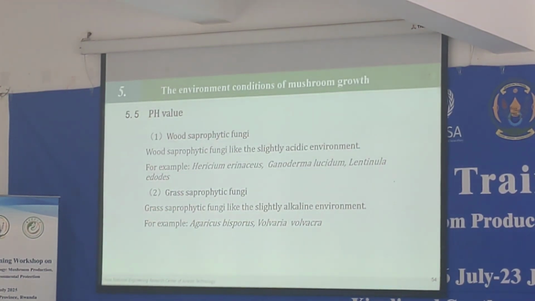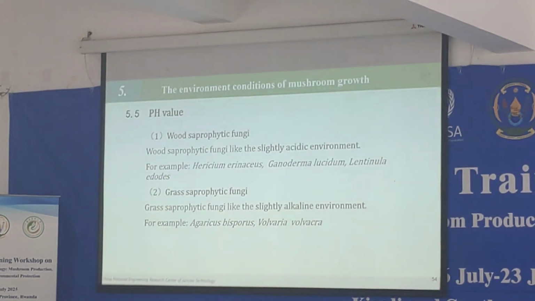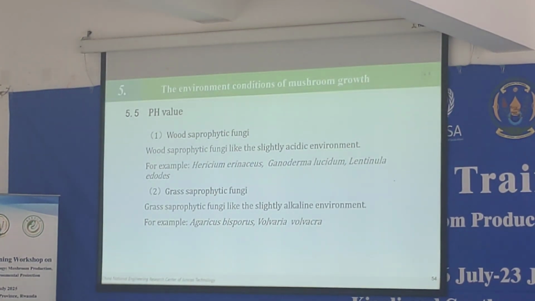For different types of mushroom, the pH value is a little different. Some wood saprophytic mushrooms like a slightly acid environment, like Ganoderma and shiitake mushroom, and some grass saprophytic mushrooms like a slightly alkaline environment, like Volvariella and agricultural mushroom.